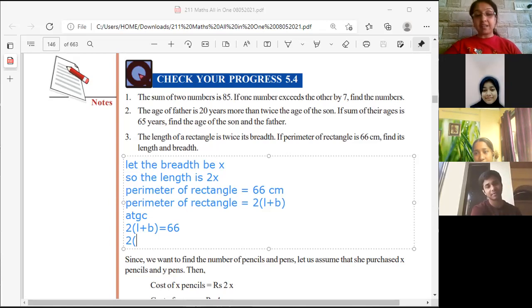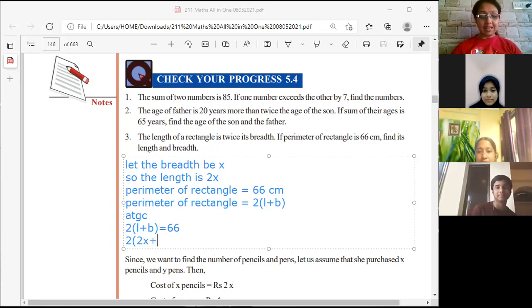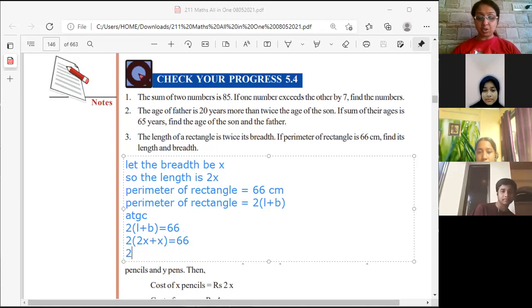Okay, let me check. 2 times L plus B, no? Yeah, you're right. Very good. So we will write 2 times 2x plus x is equal to 66. So that is 3x is equal to 66.